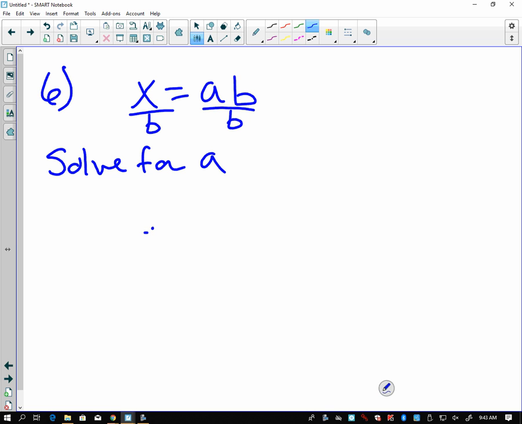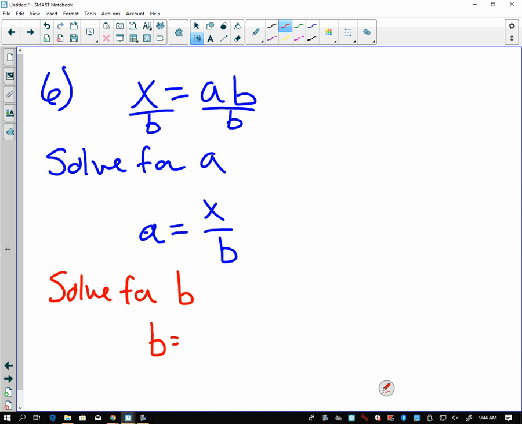Okay, so what does A equal? X divided by B. Okay, what if it said solve for B? Divide by A. All right, so B would equal what? X over A.